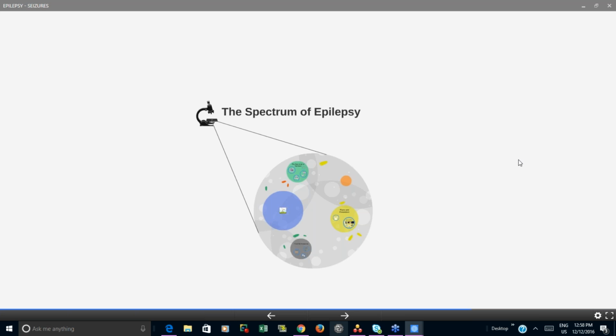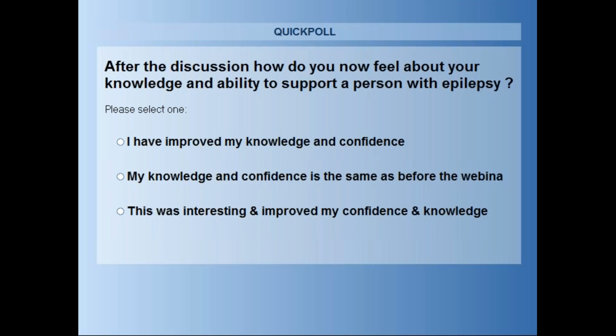Now before we end, I'd like to just do one more little snap poll. So after the discussion, how well do you feel that this has changed your understanding of epilepsy? Everyone could have a little vote on that now.